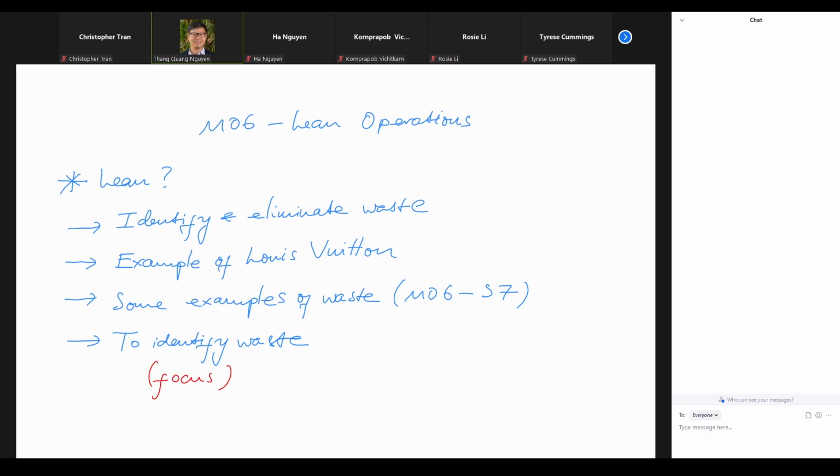The first perspective is the waste of time at a resource. Right? And the second perspective is the waste of time of a flow unit.